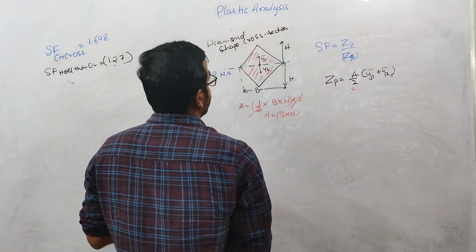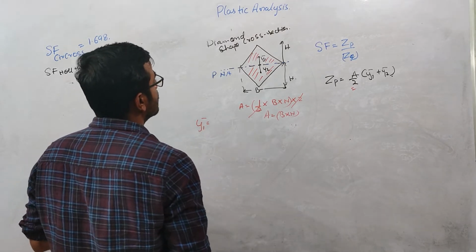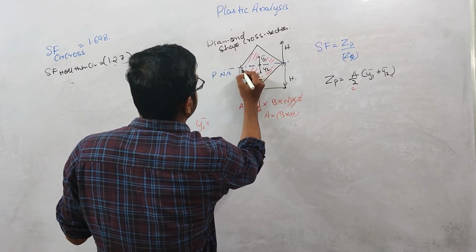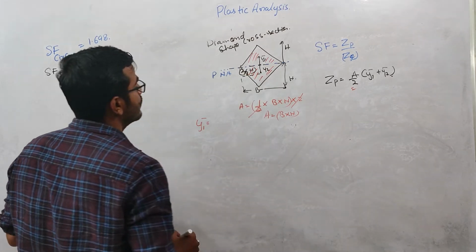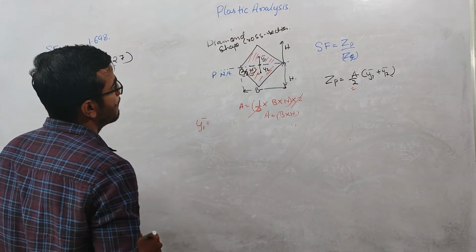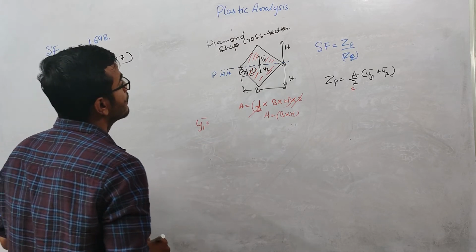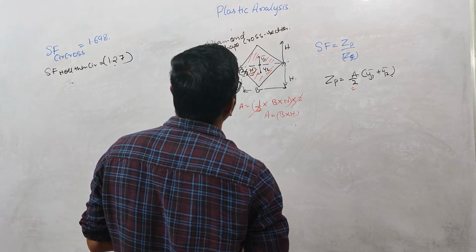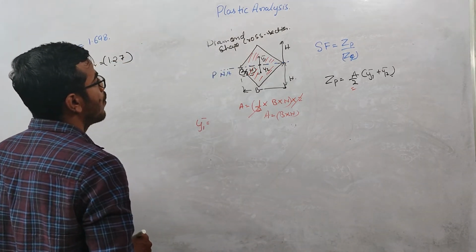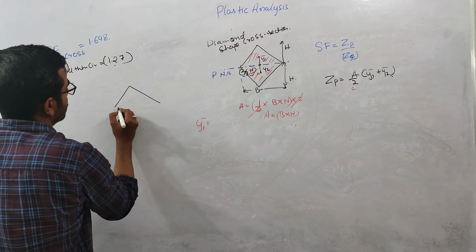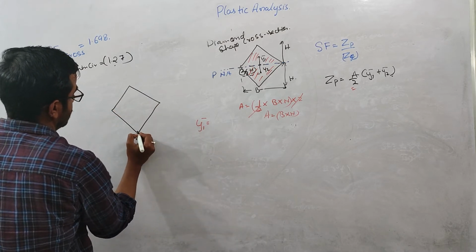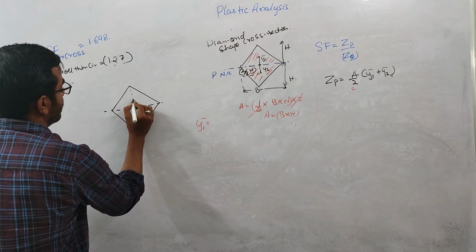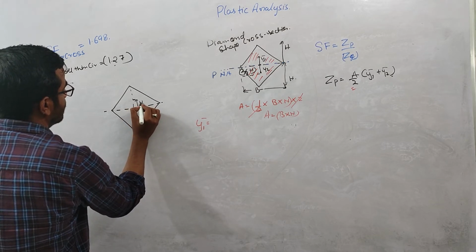Right? y1 bar will be equal to the centroid of this cross section, which will lie at a distance of h by 3.